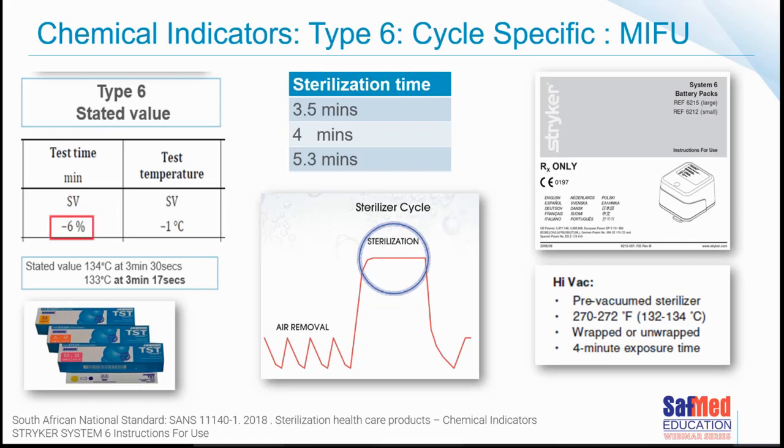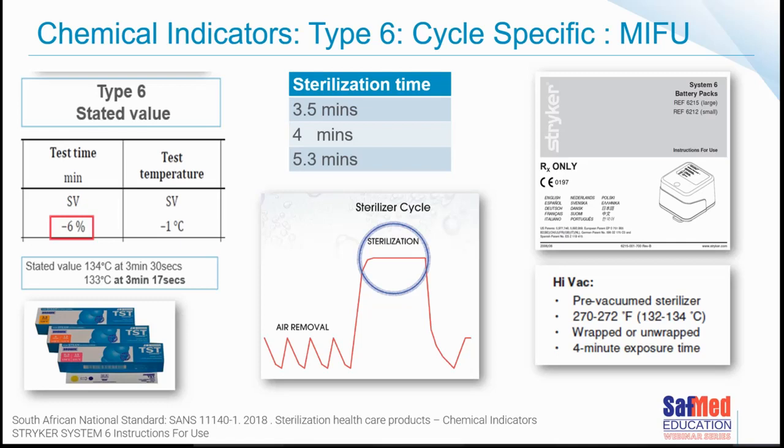We can then use a type 6 chemical indicator that is designed for that specific sterilization time. It's really important that we know and understand the required sterilization time for all the devices that we process and put into our steam sterilizers.